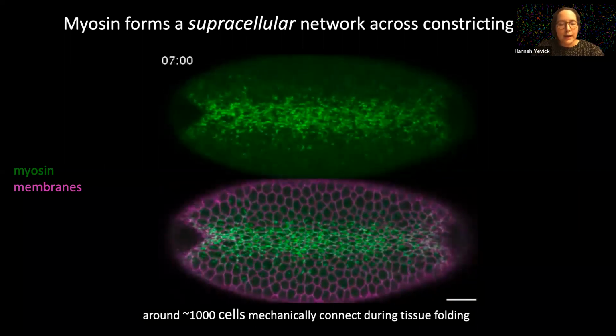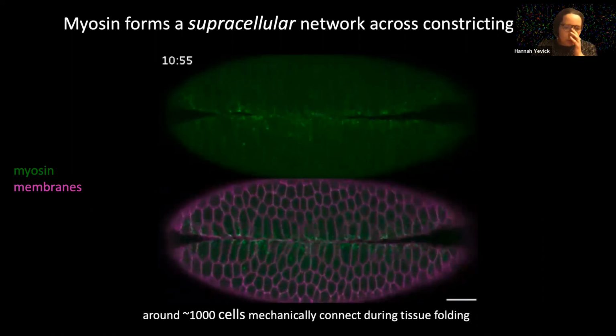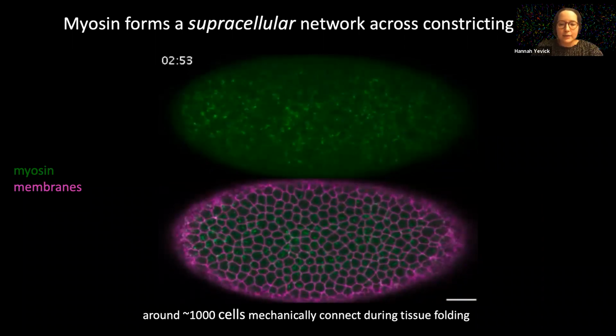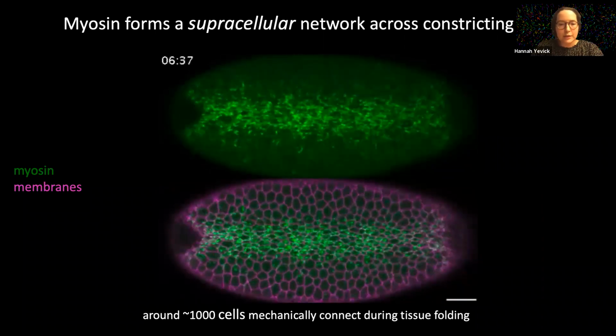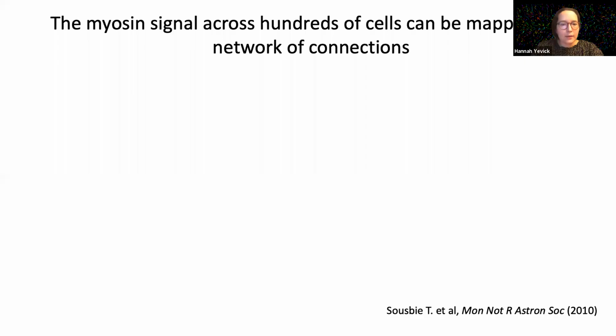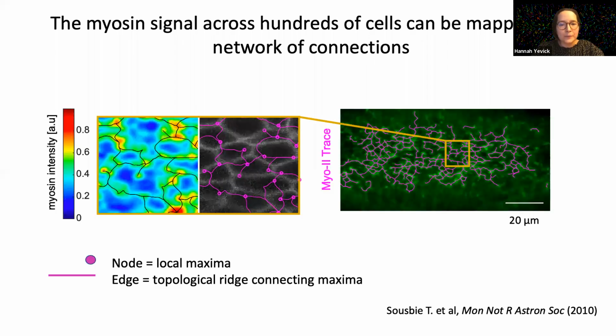And so in order to quantify myosin in these highly noisy images, I adapted an algorithm that was formed to trace highly noisy filamentous structure in astronomical data to basically trace the highly noisy filamentous structure of this myosin signal across the entire tissue.